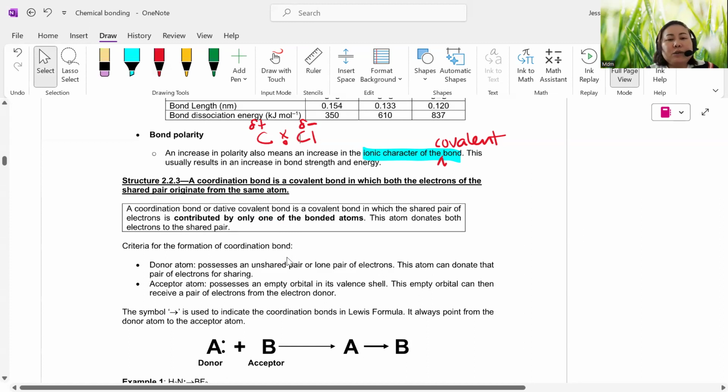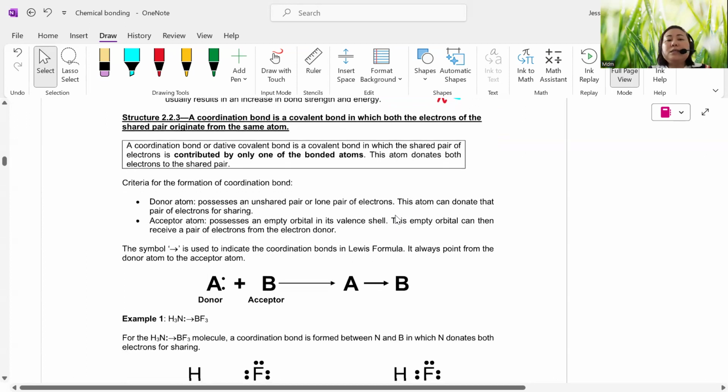So as a result, you can see some form of electrostatic forces of attraction between the delta plus and delta minus. So on top of covalent bonding present, there's also some form of attraction between the opposite charges. And therefore, generally, a polar bond is stronger than a non-polar bond.